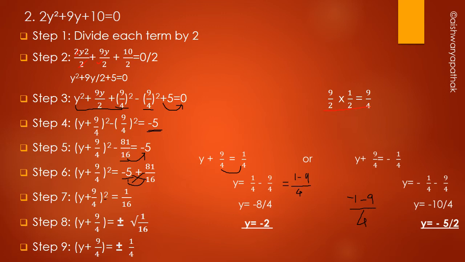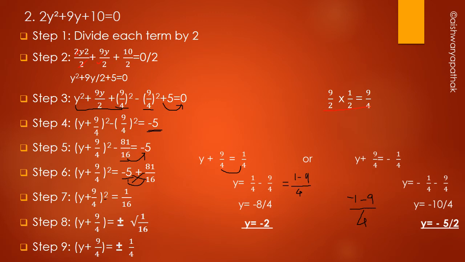Yes, when you shift this plus 5 to the other side, you will get minus 5. Okay children, so what we did here: y square, take y, 1y here, then whatever you have got after multiplying with half, 9 upon 4, take that 9 upon 4 one time and their whole square, then the remaining part minus 9 upon 4 the whole square is equal to minus 5.